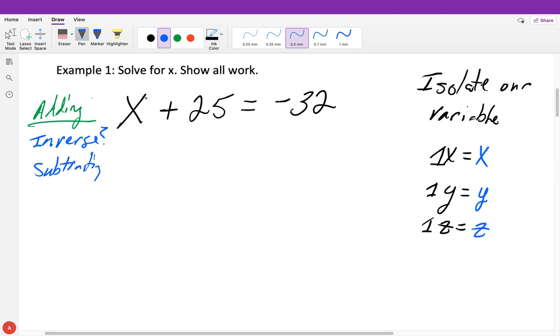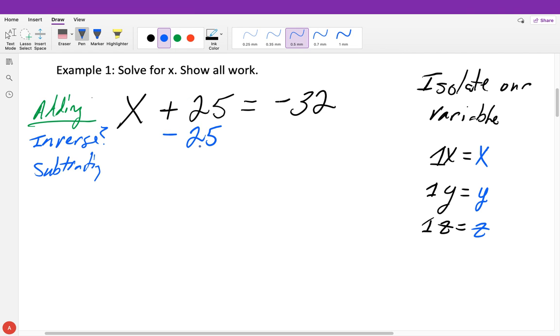Now if I'm adding 25, as we showed in the other ones, when we did 10 plus 8 and wanted to get back to that original number 10, we had to subtract 8 as well. So when we're doing our inverse operation, we are going to subtract exactly what is being added to it, because our goal is to get x all alone on this side of the equation.